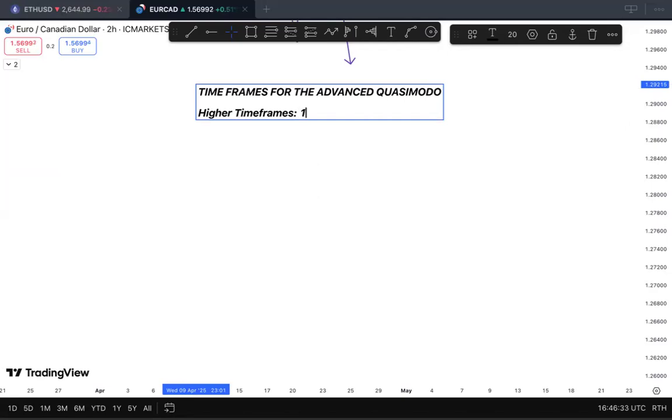So for example, we have the 1 hour, 2 hours, 3 hours, and 4 hours. So that means you can trade this strategy when you see a structure in the 1 hour, 2 hours, 3 hours, 4 hours. Okay, you can see a structure in 4 hours, you take the trade.